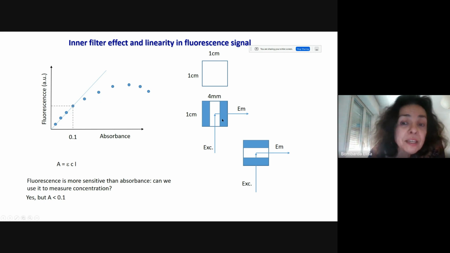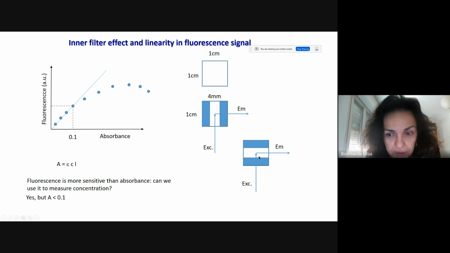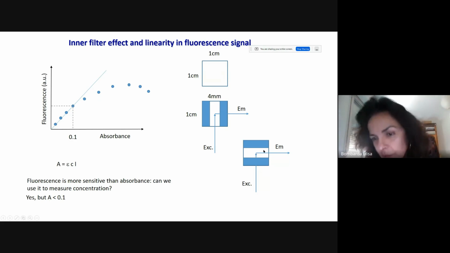Okay, in case you have troubles with the inner filter effect, you can, for example, turn your cuvette like this. Actually, no, you don't really reduce the signal in fluorescence.